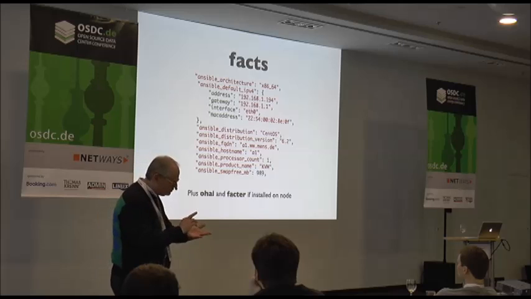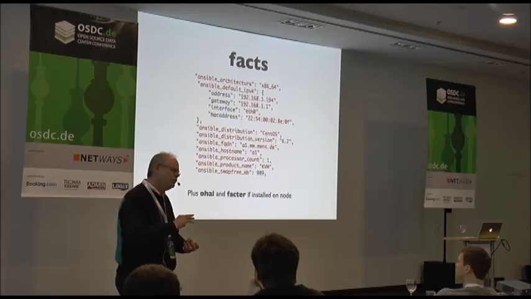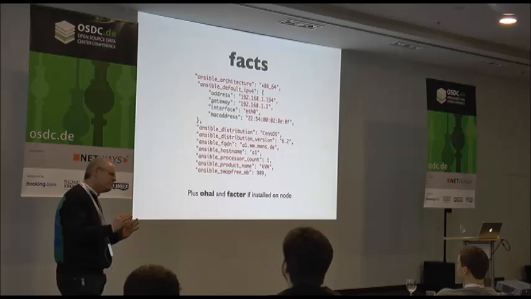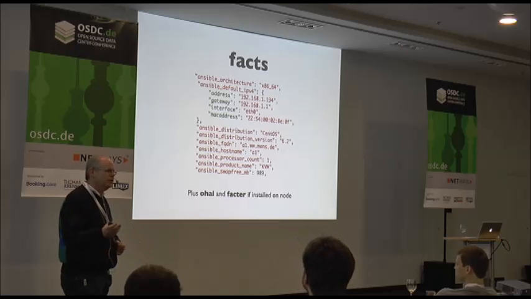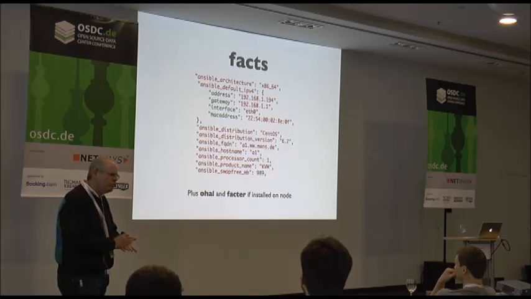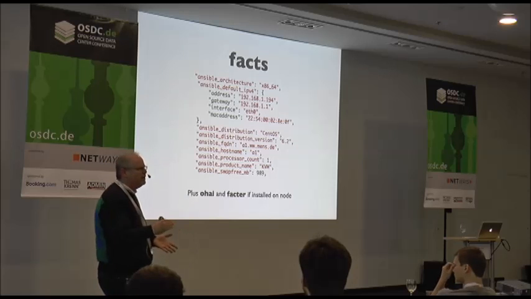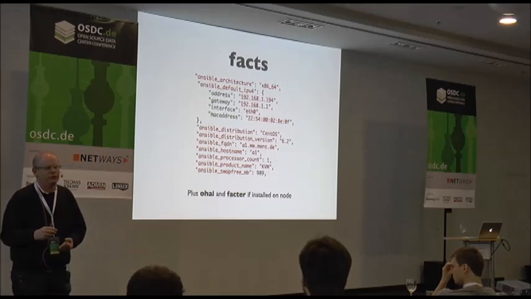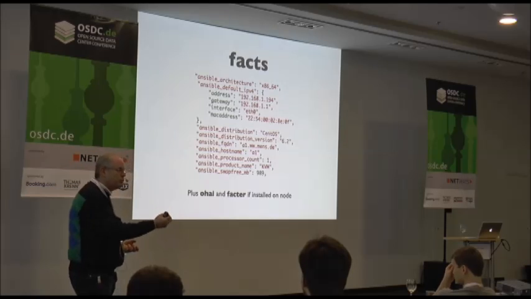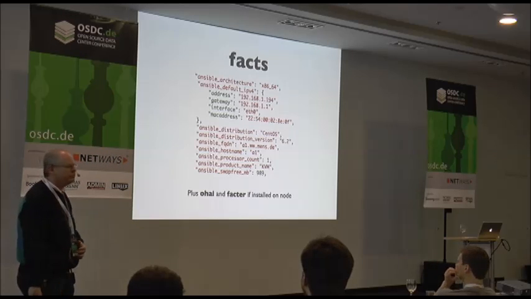There is data about how much memory, how much swap space, how many network interfaces, what v4, v6 addresses we have, routing information, whether it's physical hardware or virtual hardware, host name, fully qualified DNS domain name, etc., a whole amount of information that is returned. And these facts we can then use subsequently to, for example, say, install this package if we are running on a RHEL type system, or create this user if we're running on a Debian type system, etc.